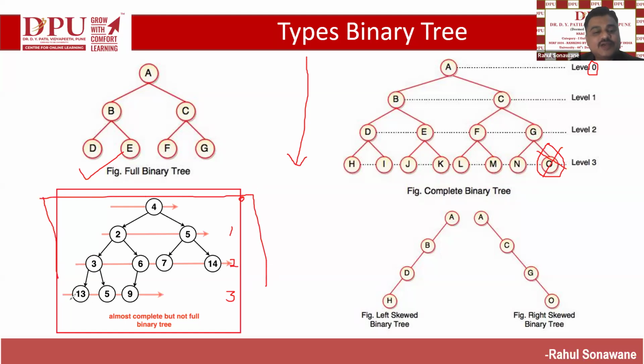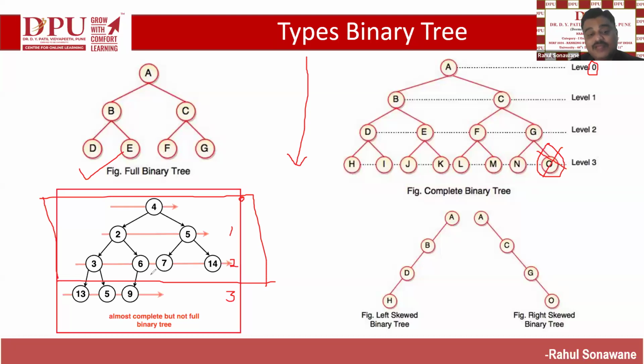So it is complete till level 2. You can see within this box, it is complete up to level 2, but the last level is incomplete. Therefore, it is called an almost complete binary tree.